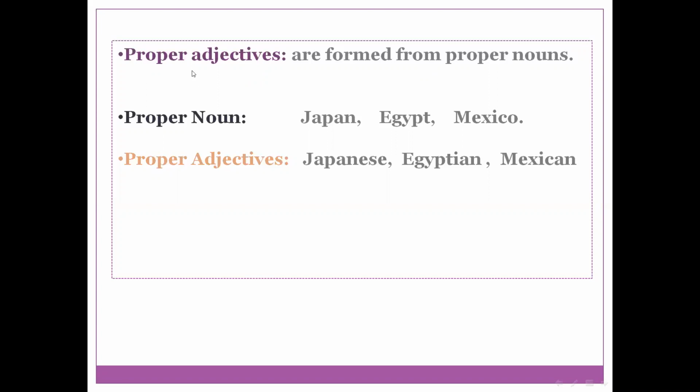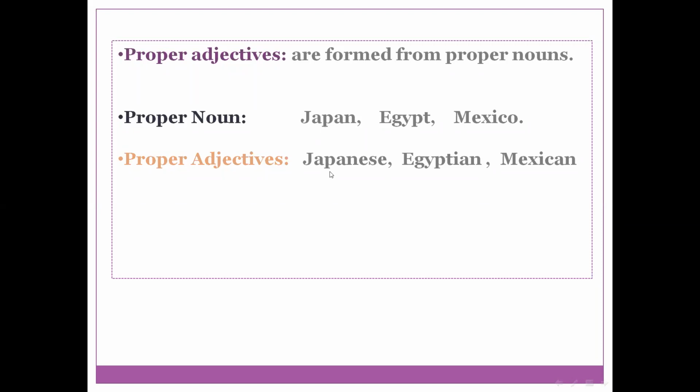Let's see an example. Proper nouns: Japan, Egypt, Mexico. How can I form a proper adjective now? Japan, Japanese.